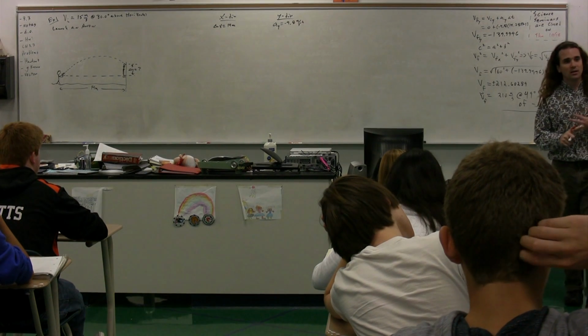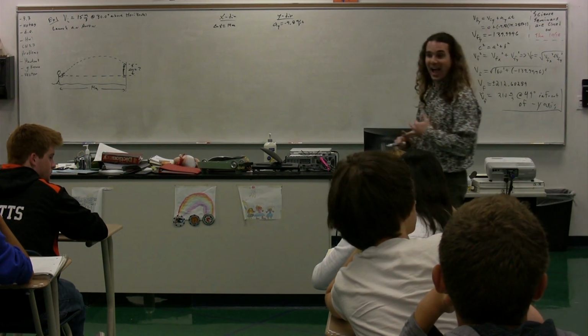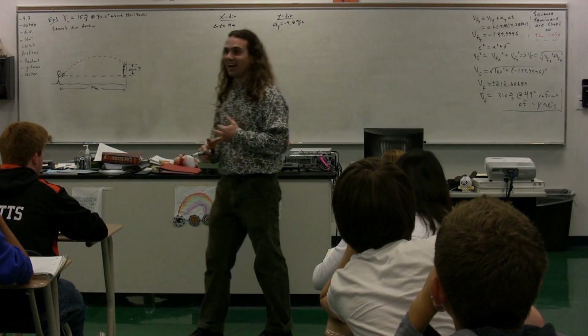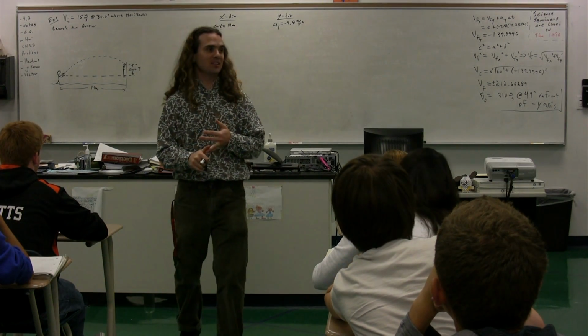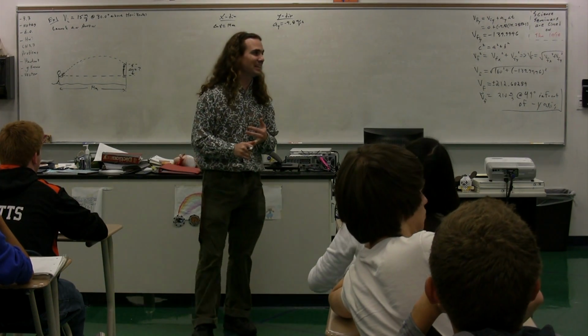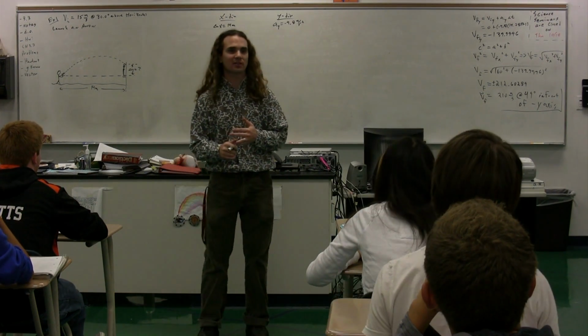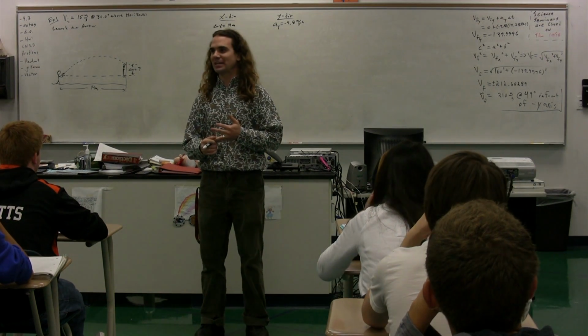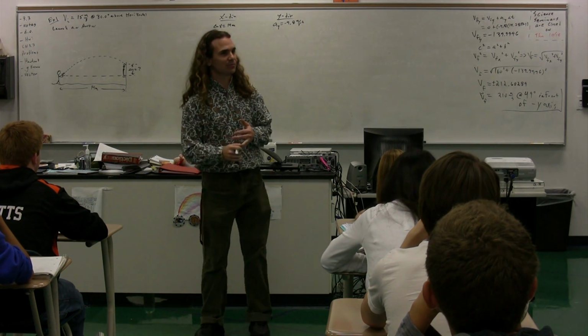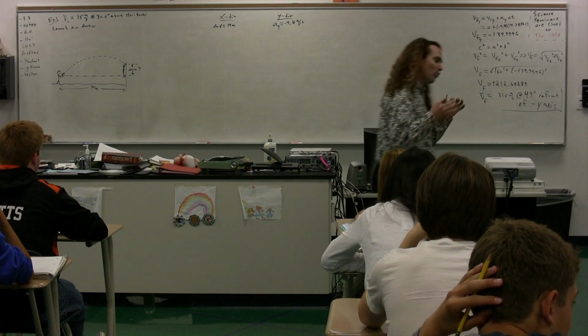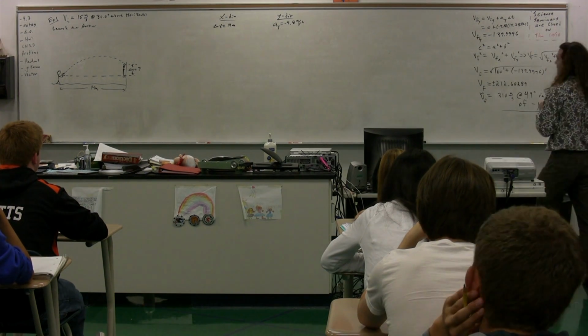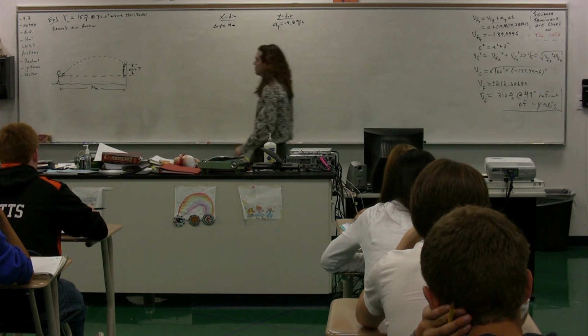Mike? 15 is the hypotenuse of the right triangle at 30 degrees. This initial velocity vector is neither directly in the x direction nor the y direction. So who can tell me what we need to do with it? Frederick. First thing we need to do is break this initial velocity vector into its components.